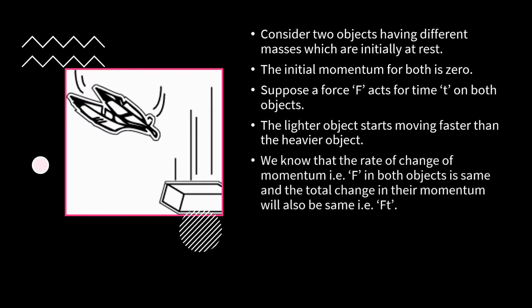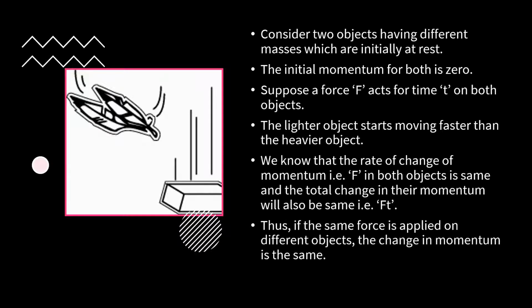We know that the rate of change of momentum, that is F, in both objects is same, and the total change in their momentum will also be same, that is F into time t.